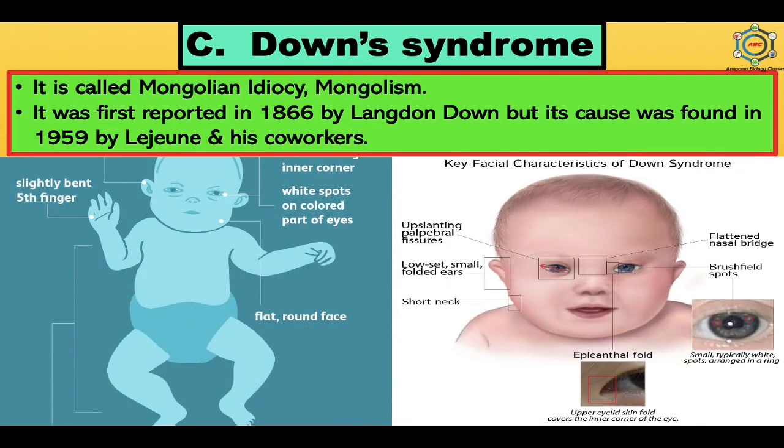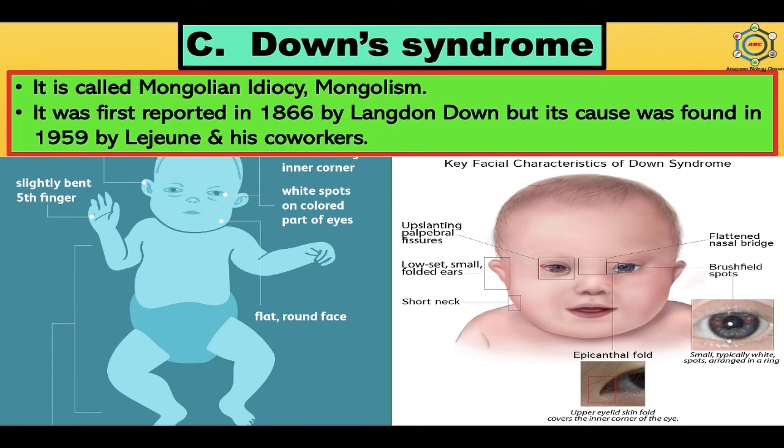If you talk about the symptoms, Down syndrome is characterized by a rounded face, broad forehead, a Mongolian type of eyelid fold, flattened nasal bridge, permanently open mouth, projecting lower lip, protruding tongue, short neck, flat hand, and stubby fingers.